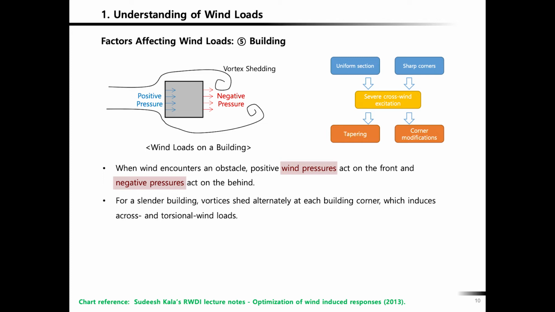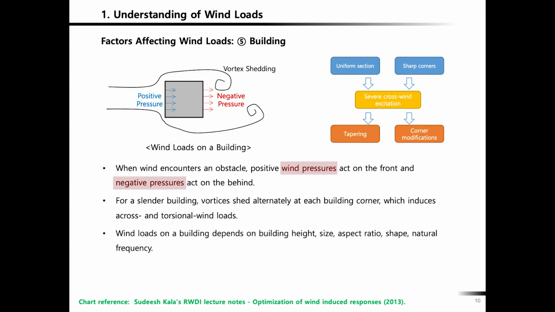So that causes more of a twisting of the building, and that kind of effect we have to consider. And when we express that as a static wind load, that is called torsional wind load.